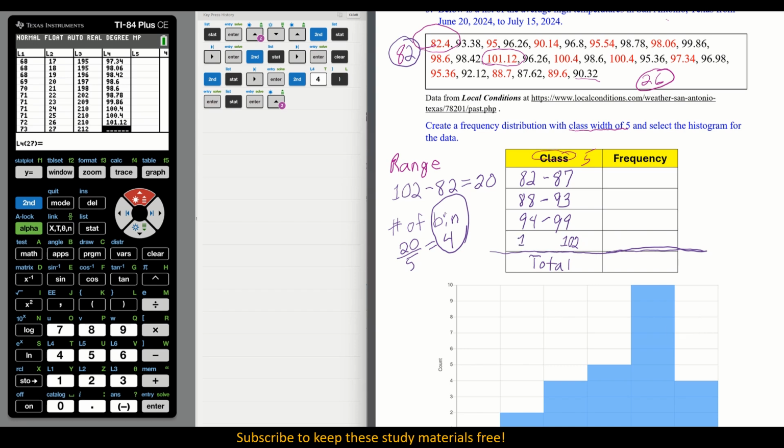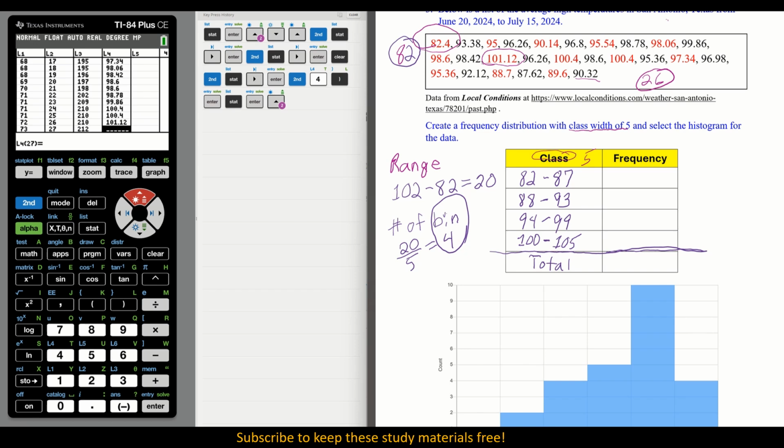99 to, we said 102. Still going to have to change because our bins won't work. Doesn't matter. So we're going to 100. All right, now it's really going to take us, when we add in the bins to make it appropriate, we're going to end up at 105. Why?